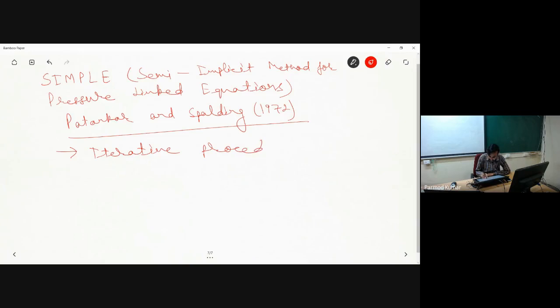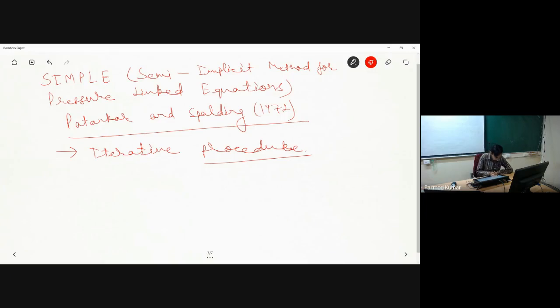Here they provide some approximation between pressure and velocity, some coupling between pressure and velocity, and once you substitute that coupling into your continuity equation, your continuity equation turns out to be nothing but your pressure equation.